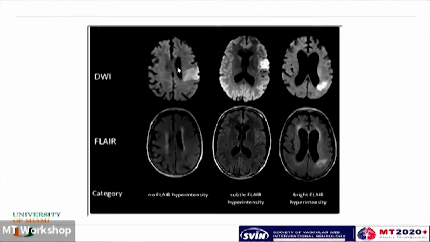And so this patient would be a candidate for mechanical thrombectomy, as opposed to this patient where you can now see it already starting to arrive on FLAIR. So MRIs can be used. You want to see the area of restriction on the DWI, but not a corresponding area on FLAIR, telling you that this is brain tissue that is salvageable.